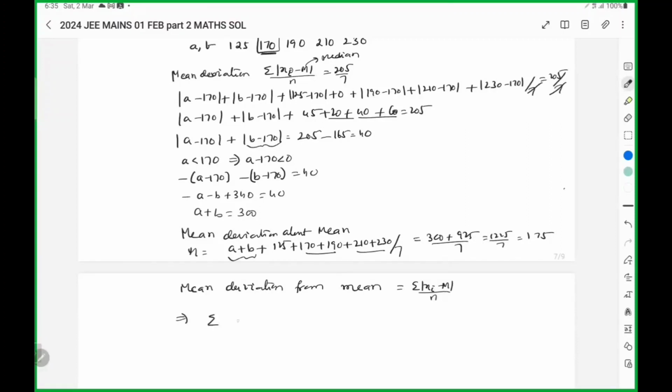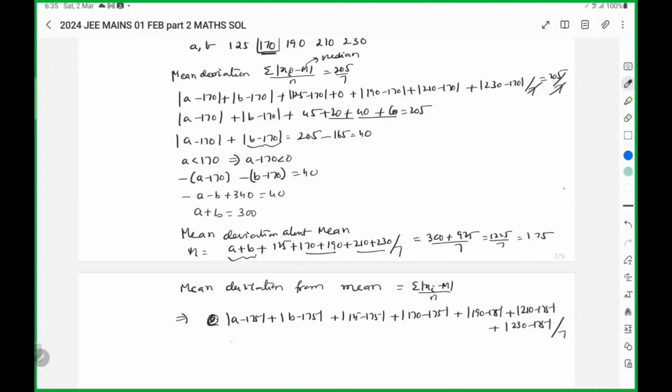Xi here is A minus 175, B minus 175, 125 minus 175, 170 minus 175, 190 minus 175, 210 minus 175, and 230 minus 175, the whole divided by 7.